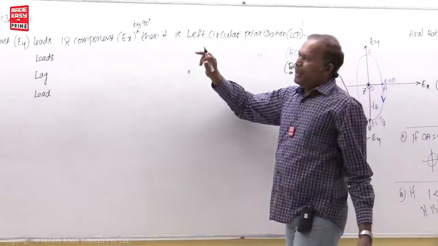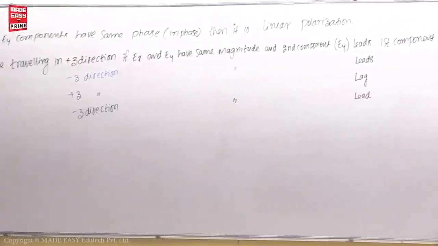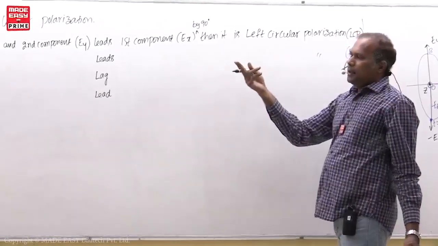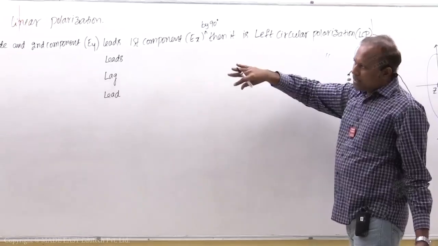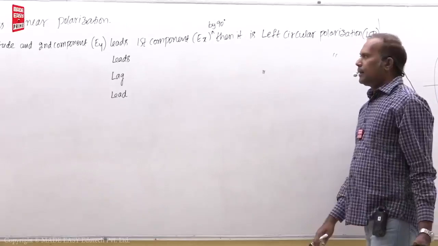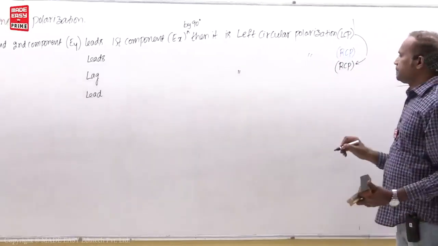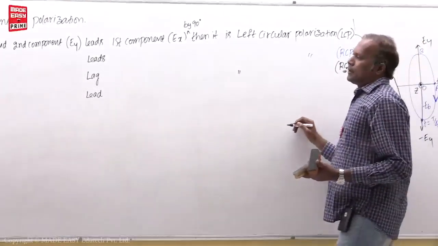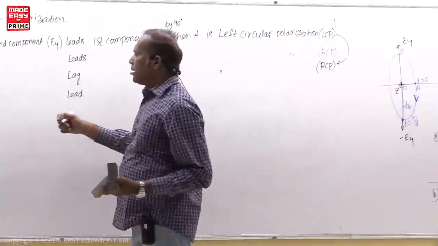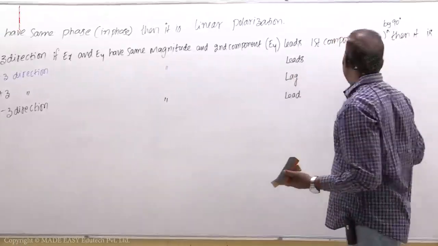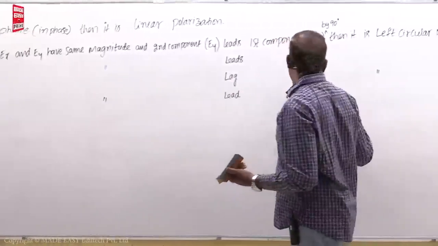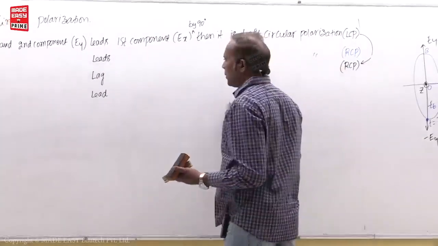Actually, you remember the first statement: wave traveling in z direction and lead is there, that is LCP. If any one term is changed, maybe z direction changed to minus z direction, or lead changed to lag, then left becomes right. So plus z direction, lead, left circular polarization; minus z direction, lead, then right circular polarization. Again plus z direction, lag, this is again right circular polarization.